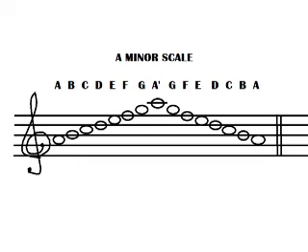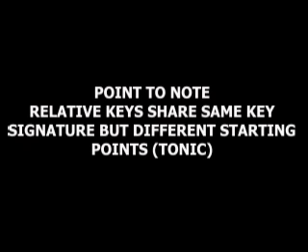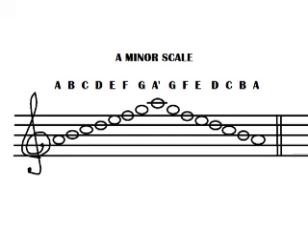Relative keys share the same key signature. So C major and A minor will share the same key signature. The only difference is that they have a different starting point. While C major will start on C, A minor will start on A, but they will share the same key signature. 8 notes ascending and descending. That's how to construct a relative minor from an existing major scale.